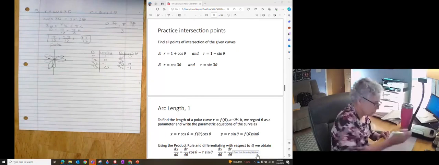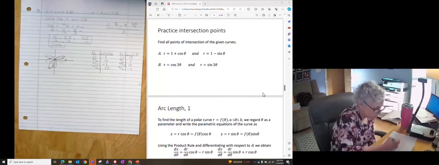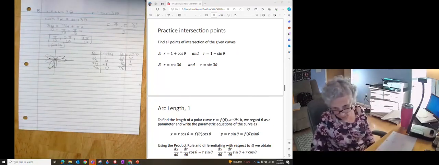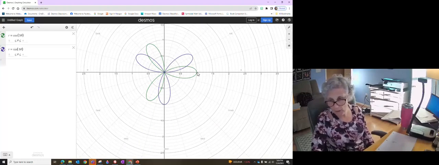I ended up with 1, 2, 3 intersection points plus the pole, and of course the pretty picture. So the purple one is the sine rose because its first petal lives in the first quadrant. The second, the green one, is the cosine. Its first petal lives on the x-axis, and they're drawn on the interval from 0 to pi.